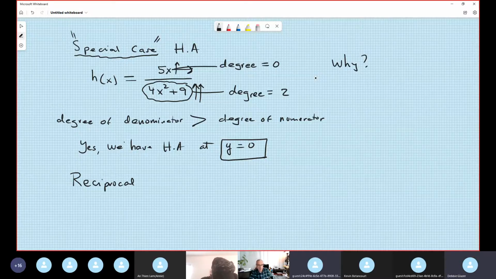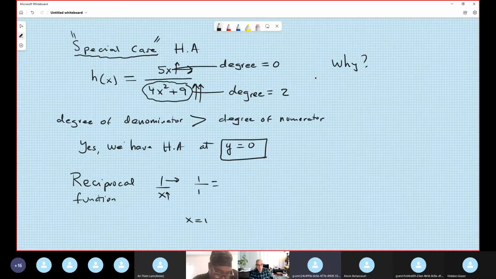Let me try a quick explanation. Suppose a reciprocal function, one particular example where it's clear to see this idea. Reciprocal 1 over x. I want to evaluate it when 1 is constant and never changes, and I increase x. Suppose x equal 1. 1 divided by 1 is 1. Suppose x equal 10. 1 over 10 is 0.1.